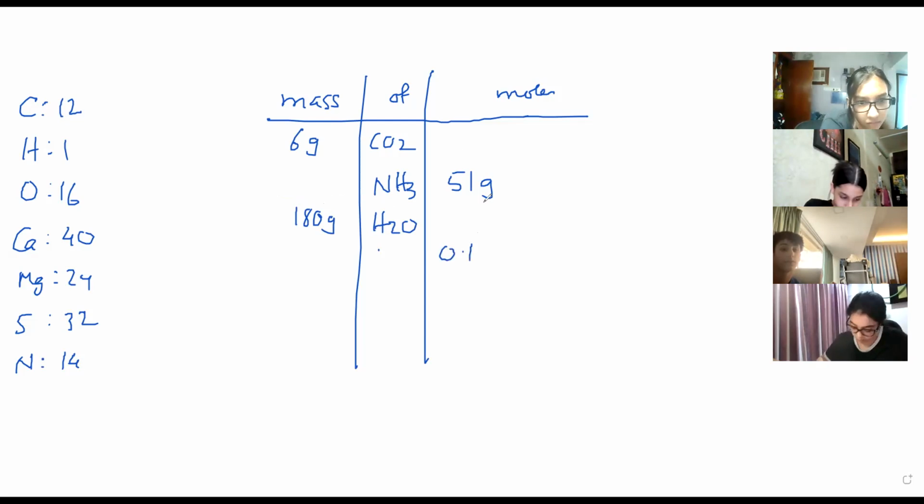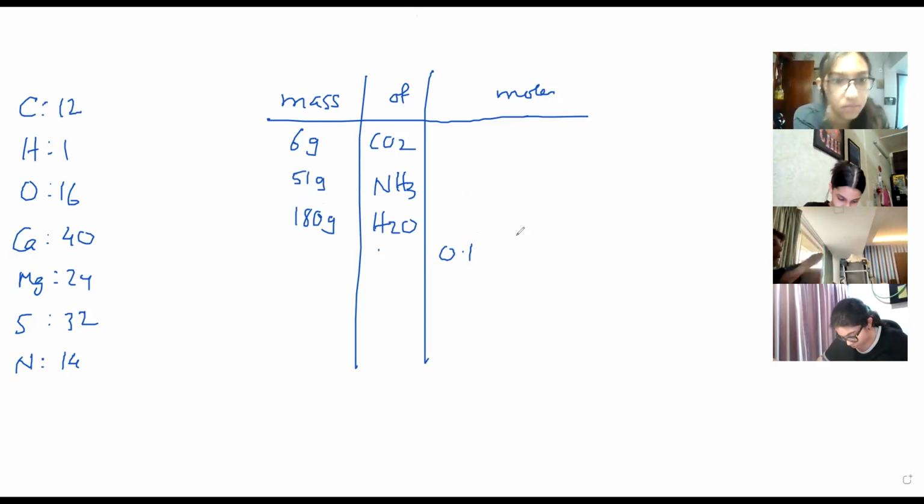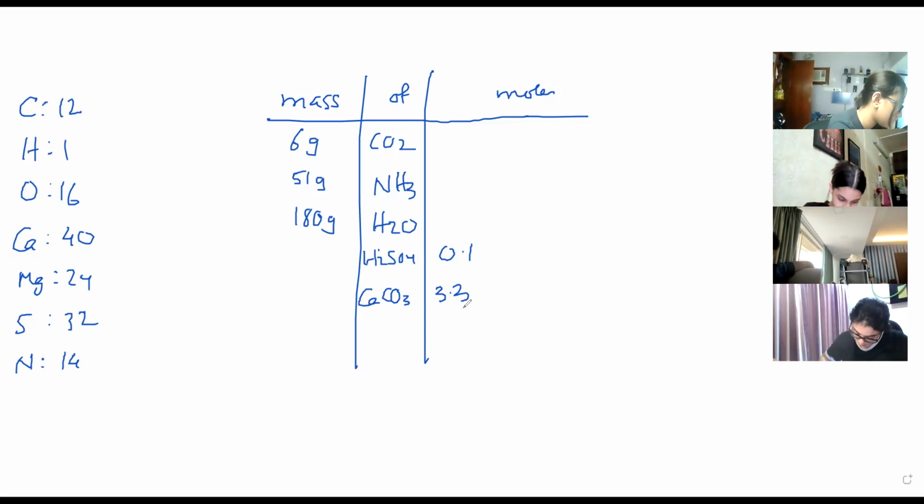So in the place of moles you've written grams. So after water, it's H2SO4 now.